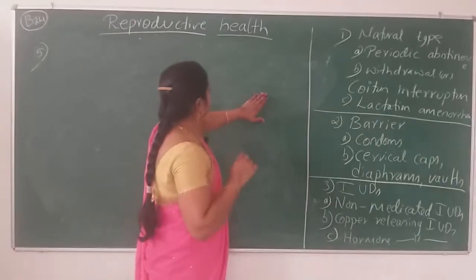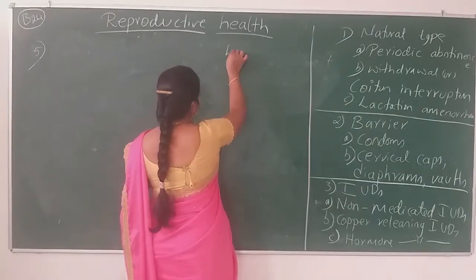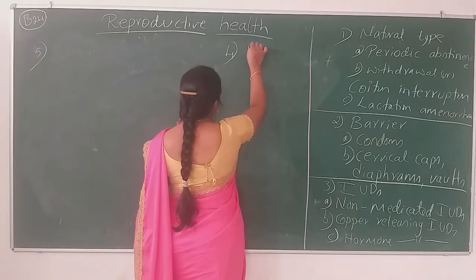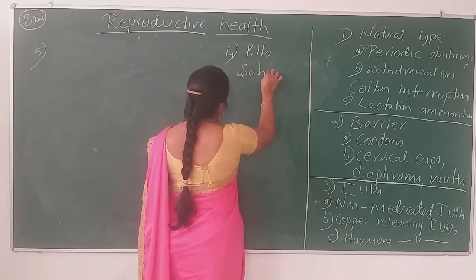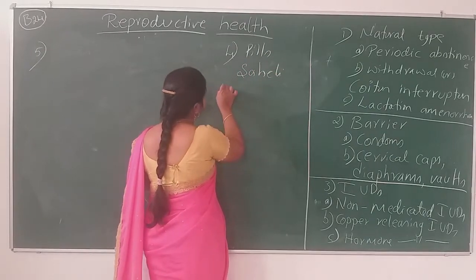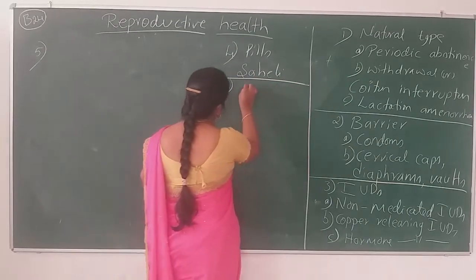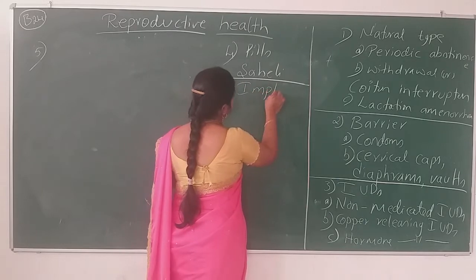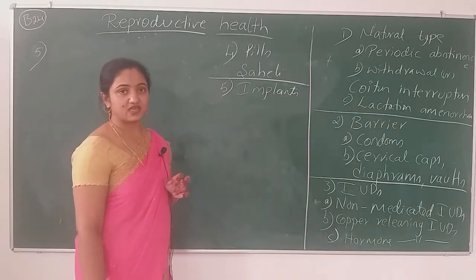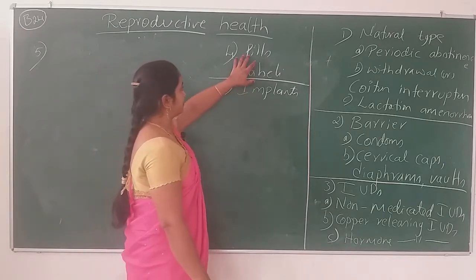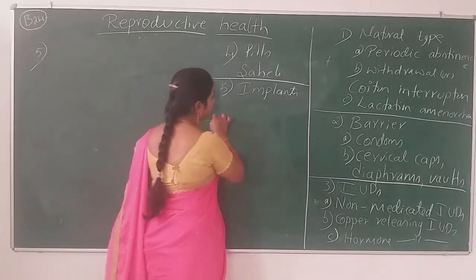The fourth one is pills, in the name of Saheli. The fifth one is implants. Implants are needle-like structures having components similar to the pills.